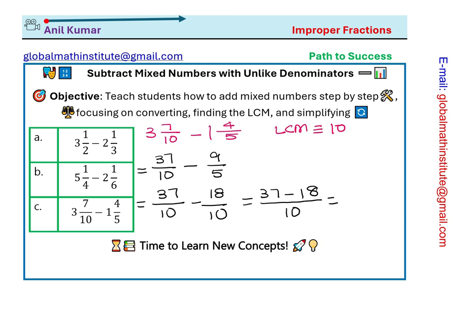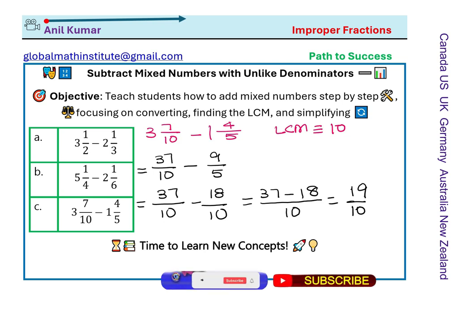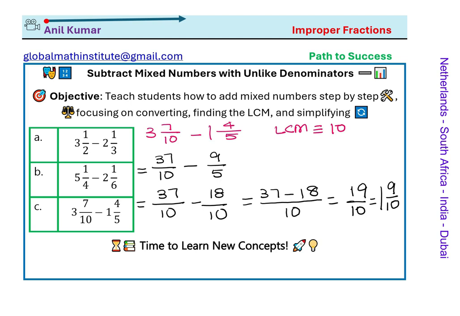So 17 minus 8 will be 9, and 2 minus 1 is 1. So we get 10 in the denominator, 19 in the numerator. So it is 1, 9 over 10. Makes sense, correct? So that is how we are going to do subtraction of mixed numbers with unlike denominators.